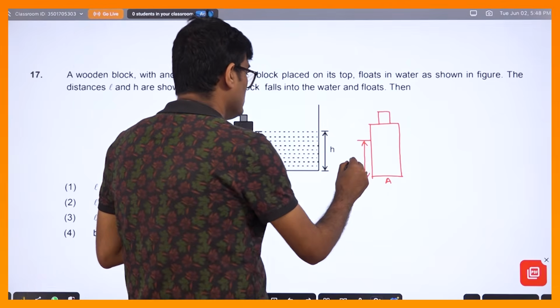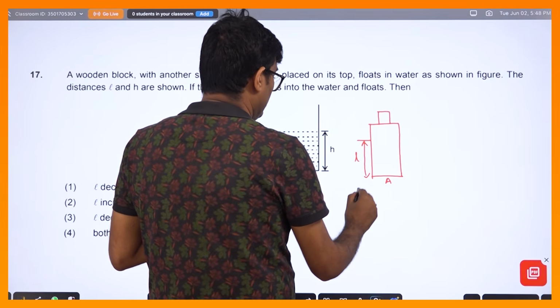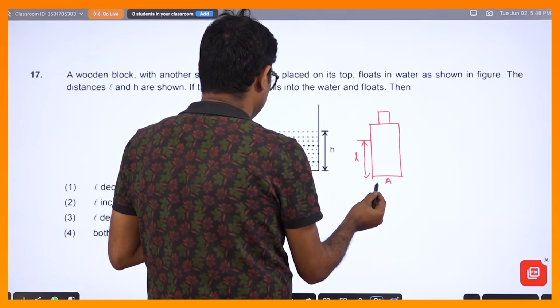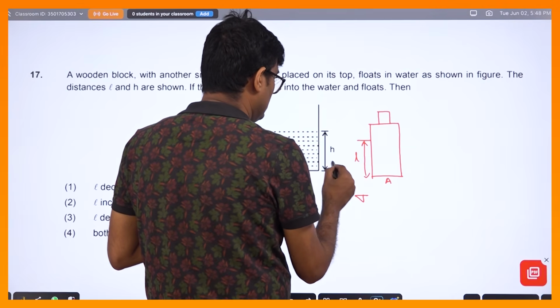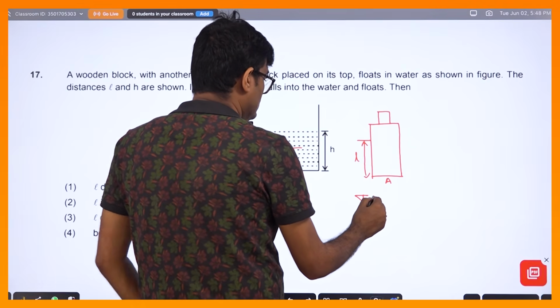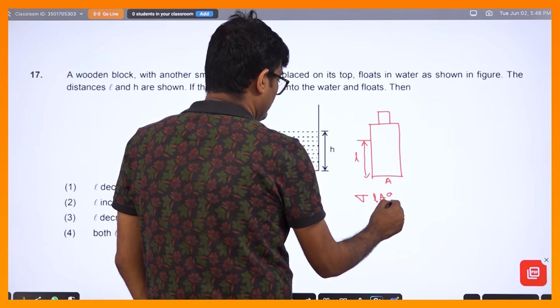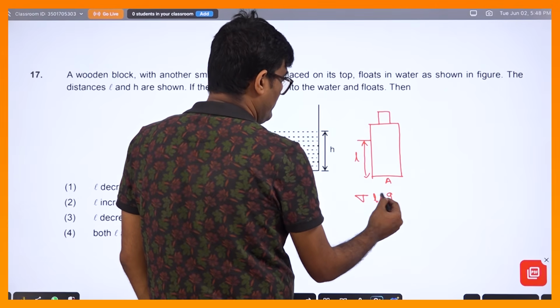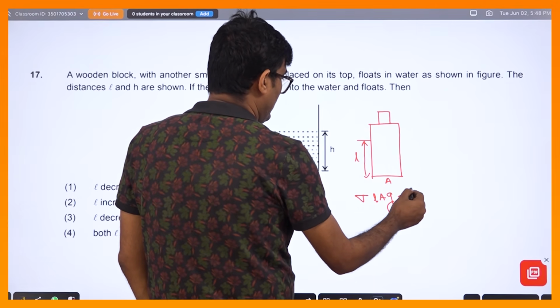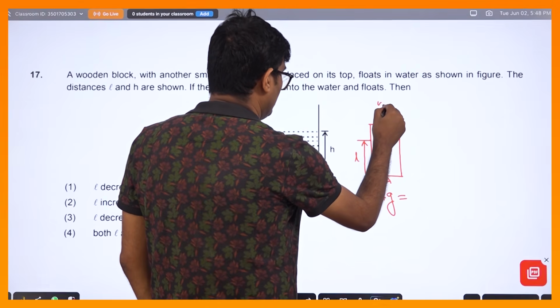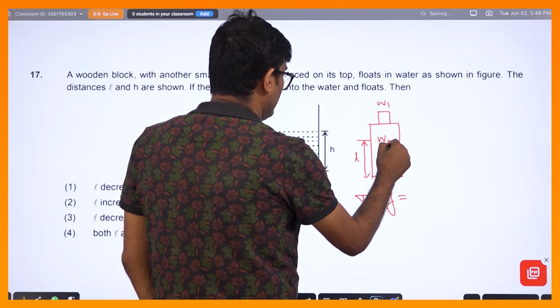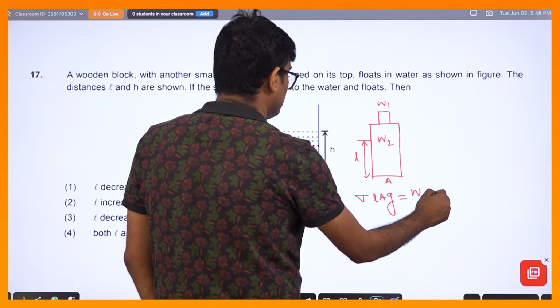If this is L and this is A, then the buoyant force, say σ is the density of water, is σLAg, right? That is ρVg, σVg, that was balancing the weight of the smaller block as well as the bigger block. That was the initial condition.